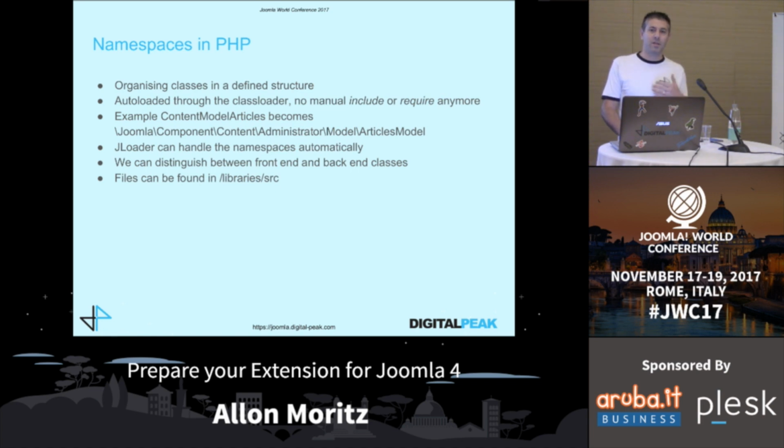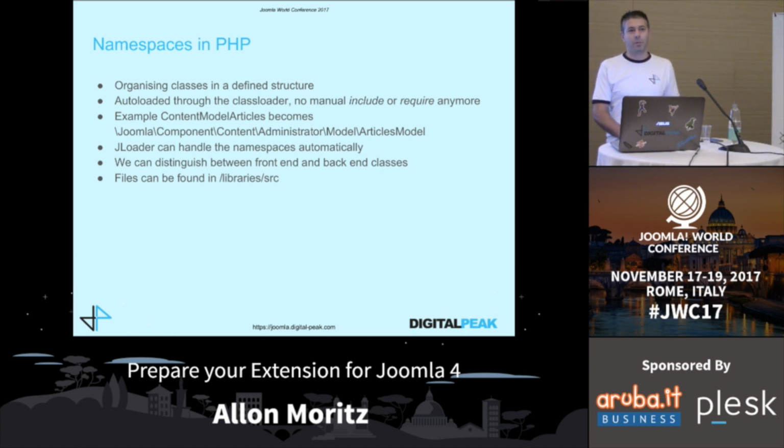This led to a situation where we can't have the same class for the front end and the back end. This has changed now. We have a common namespace pattern for how you should define your class names. We'll see that later. And this really allows you to organize your classes in a much better way.